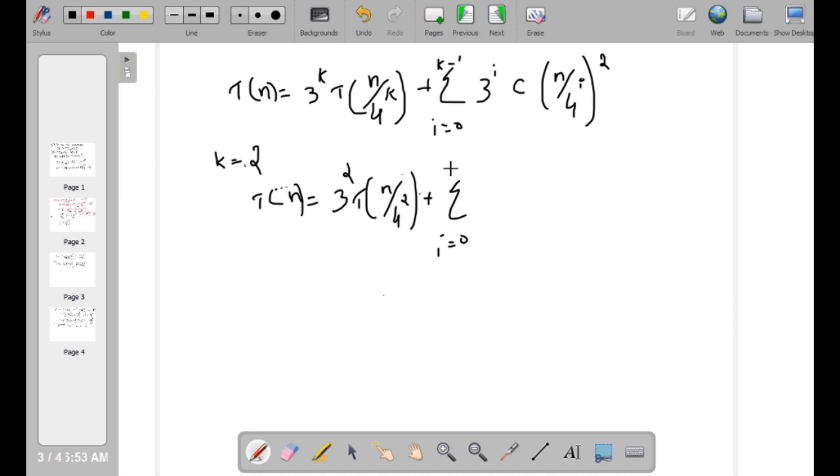K is 2, so k minus 1 is 1, 0 to 1. So first i will be 0, then i will be 1. Then 3 raised to i, c, n by 4 raised to i whole square. So this part will become 9.